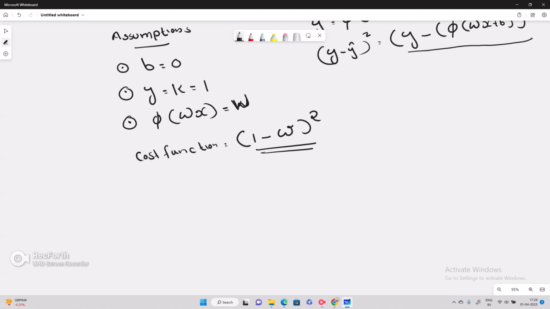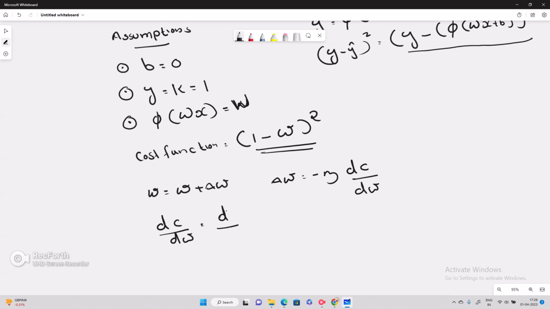Now we need to update the weight, right? So the weight updation formula, let me write it again here. W is equal to W plus delta W, and here delta W is equal to minus learning rate into dC by dW, or dou C by dou W. So we have to calculate dC by dW.